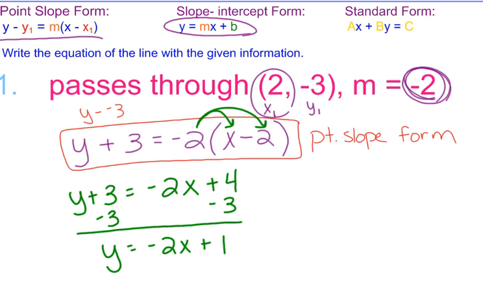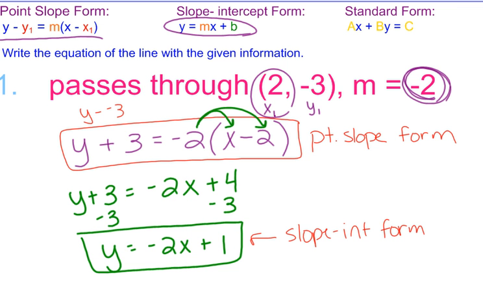Lastly, that's slope-intercept form, so let's make a note. On your line, you go ahead and put that in for slope-intercept form. And then the last one we will do is standard form, ax plus by equals c.